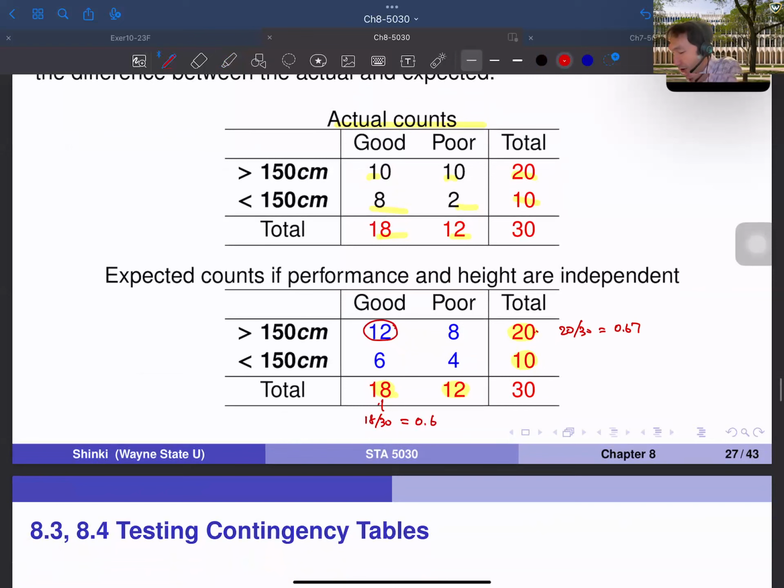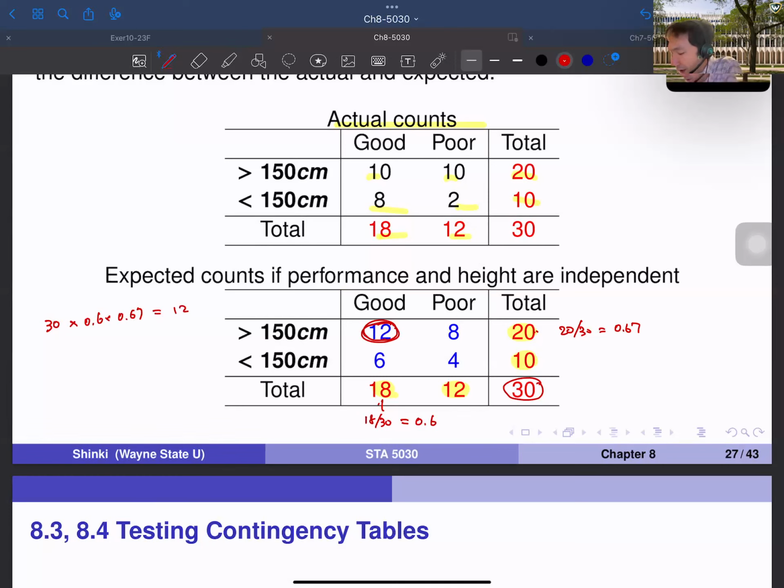So if we have 30 observations and these two factors are independent, we expect 30 times 0.6 times 0.67 students in this cell. 30 times 0.6 is 18, and 18 times 0.67, actually 2/3, is 12.